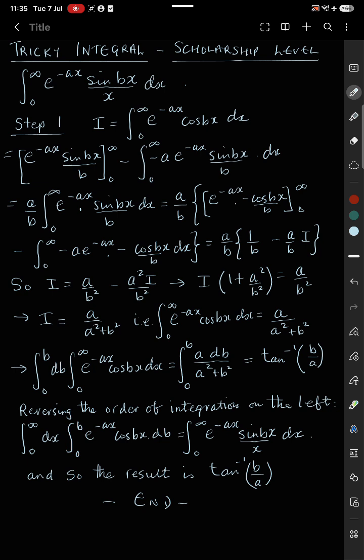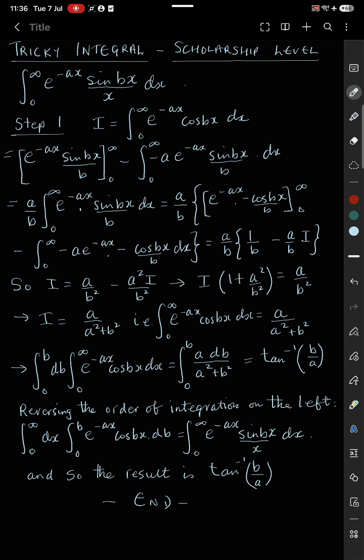So that comes down to, quite easily, a over b, curly bracket, 1 over b, minus a over b times I. And so I is equal to a over b squared minus a squared over b squared I.